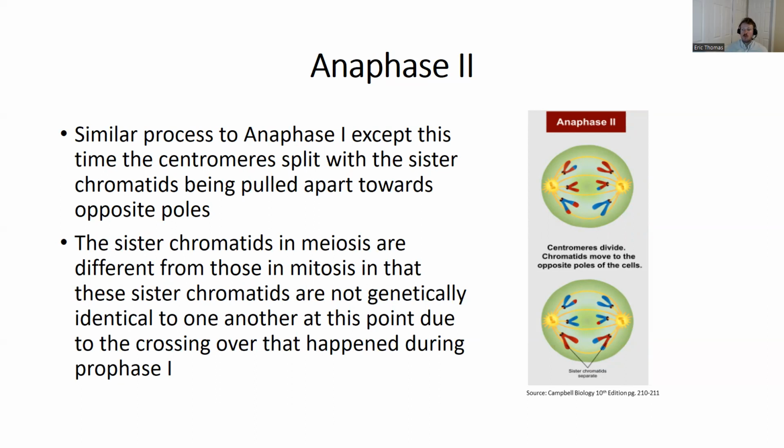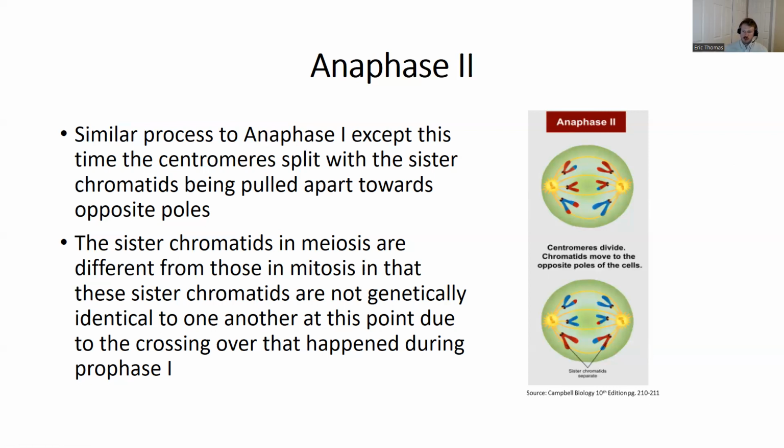Now, because we've moved along in the process, the centromere is actually going to split, and it's going to allow the sister chromatids to be pulled apart. And this is happening in both of the daughter cells. You can see that process taking place in this image.